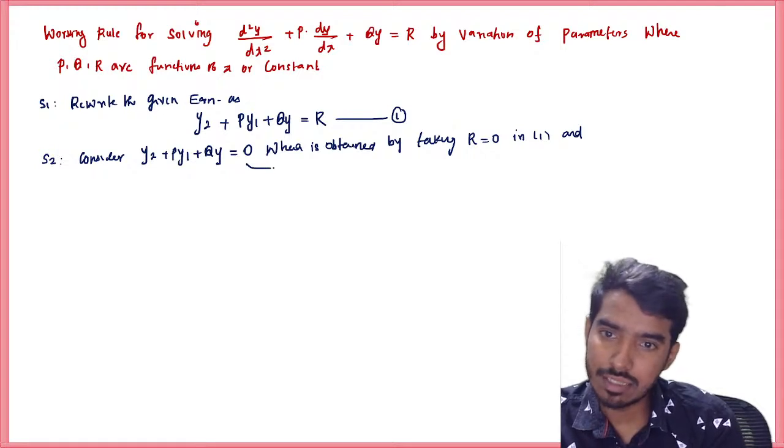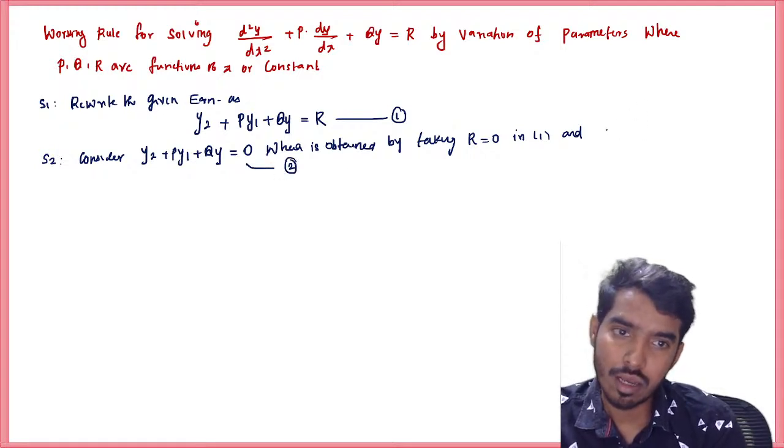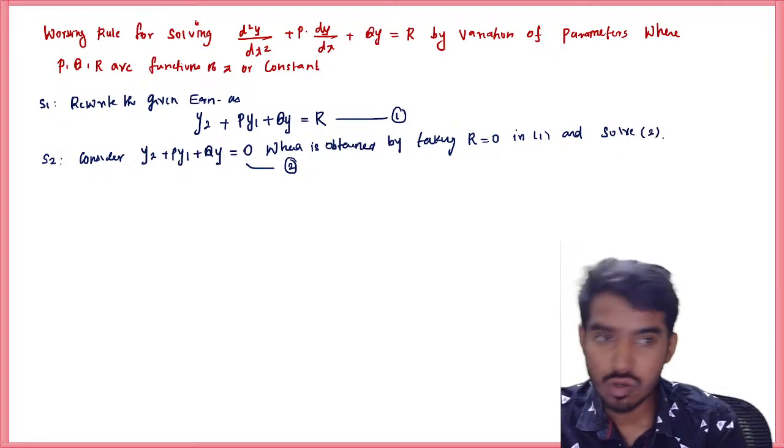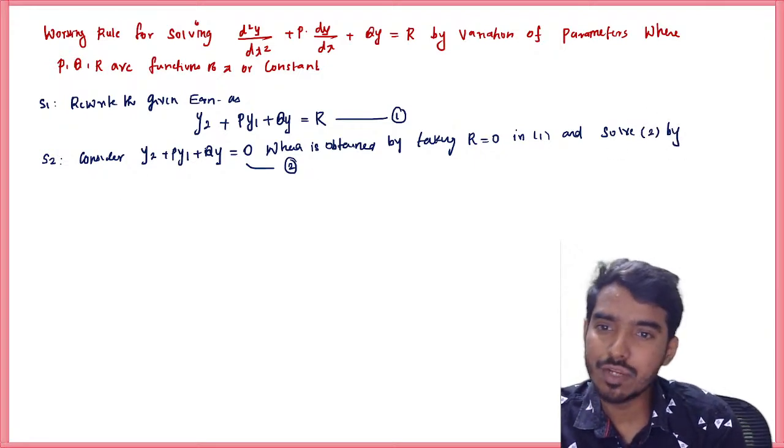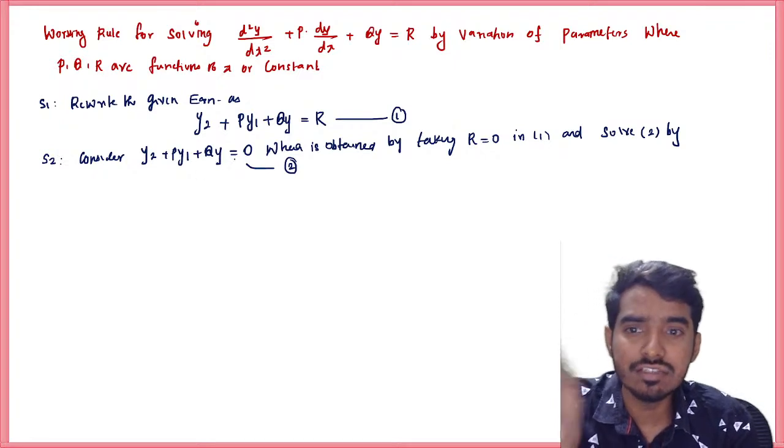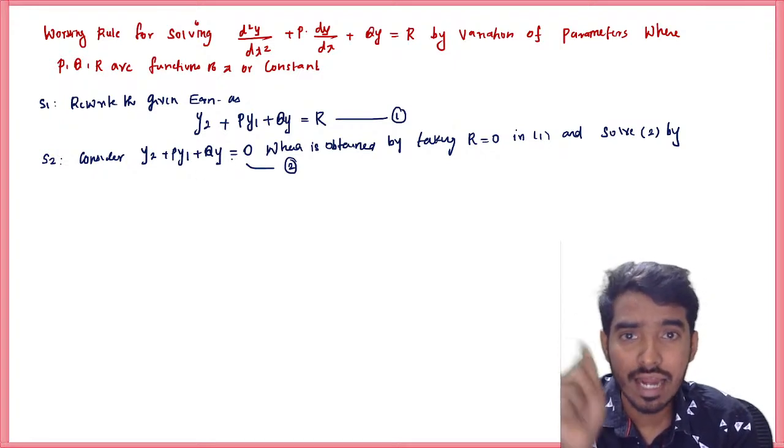Let's call this equation number 2 and solve 2 by previous methods. You know how to solve this equation, right? RHS is 0, it falls under type 0.